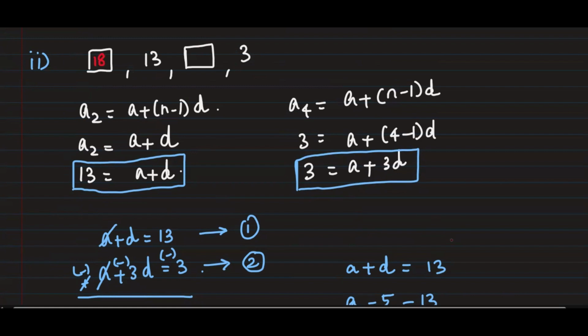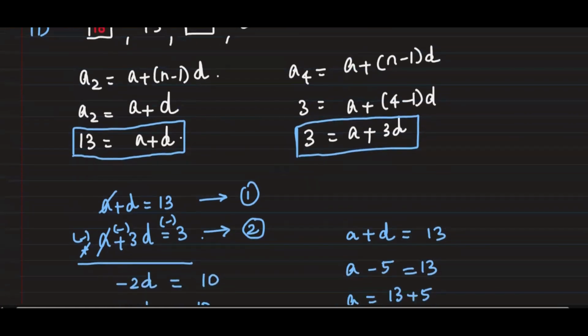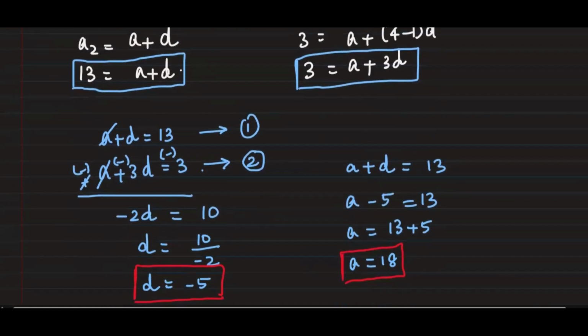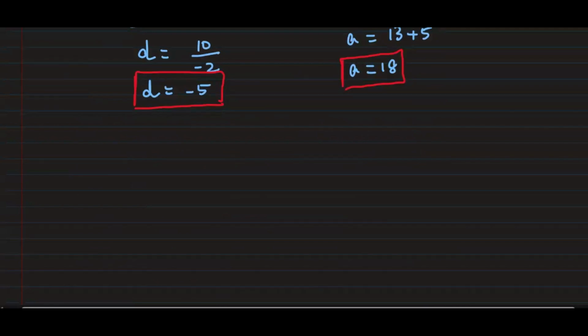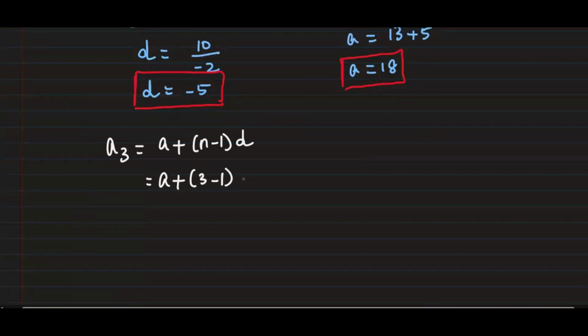Now we'll have to find what the third term is, right? That is basically we'll have to find A3. So A3 is equal to A plus (n minus 1) into d, or A plus (3 minus 1) into d. Since we know the values, we can substitute here.